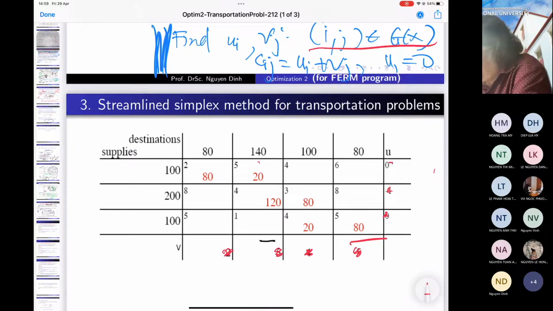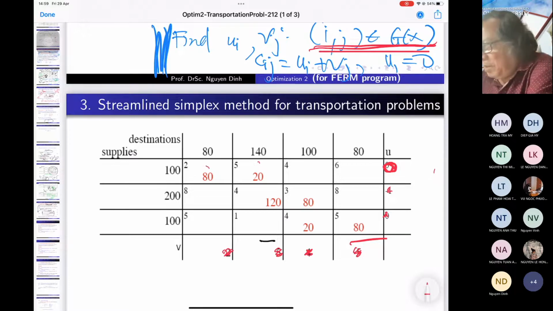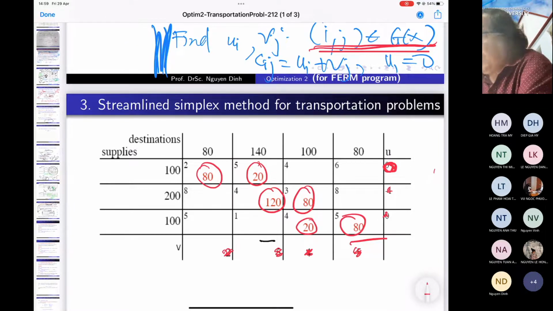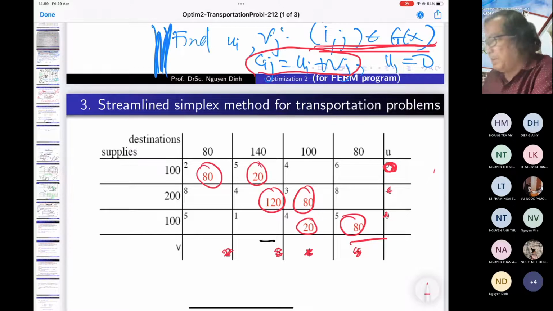But U1 is 0. We accept U1 is 0 here, and you know that ij belongs to Gx. Belonging to Gx means this one, this one, this one, this one, this one, this one. Based on ij belonging to Gx, you have Cij equals Ui plus Vj. So very easy.